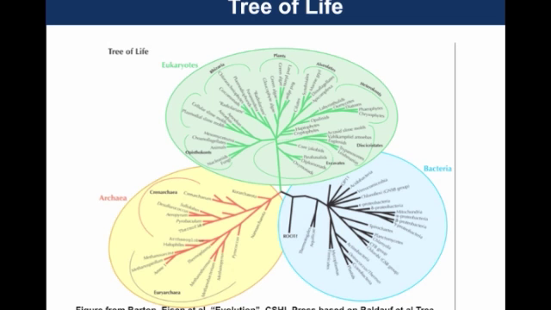I mean, we haven't really talked about this, but if you start to add lots and lots of horizontal movement of DNA, this is not a tree anymore. And it clearly isn't. So we call it a tree of life. It is a web of life.